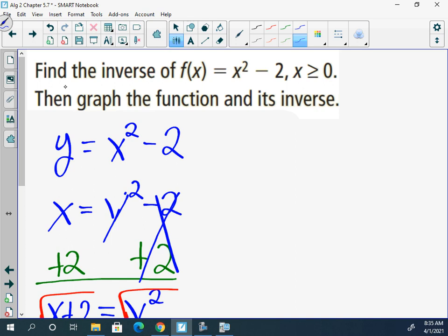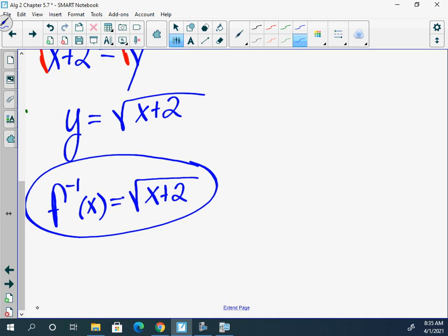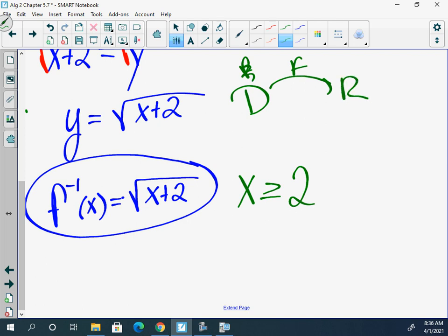But for the inverse, really, we need x to be greater than or equal to negative 2. Now, you don't have to include that in there. The reason I'm stating that is because, again, we're switching the domain of f of x is going to the, let me see here, to the range. Our function takes those values from the domain to the range.